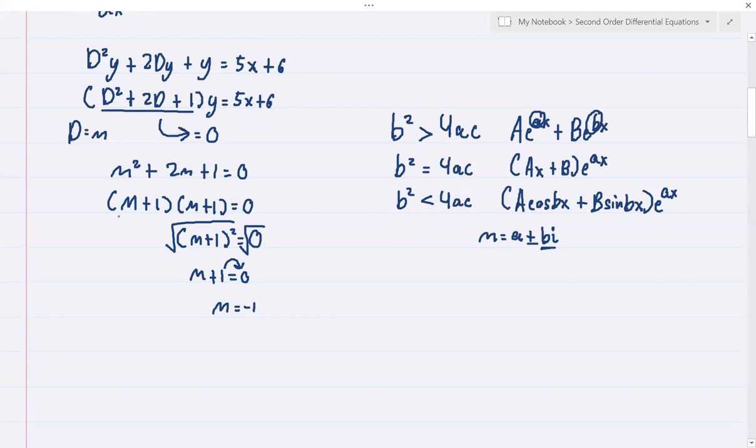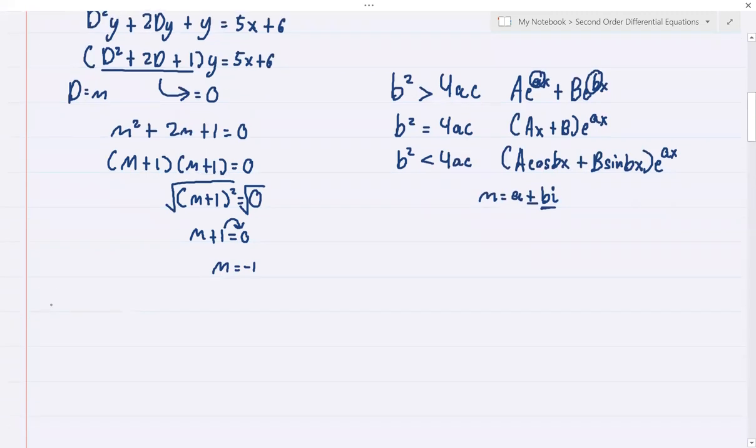Okay, and since we have the same m values, therefore you're going to use your u function as your quantity ax plus b times e raised to small ax. Okay, since we have the same binomials. So if we have the same binomials, then they have the same m values, which is negative 1.